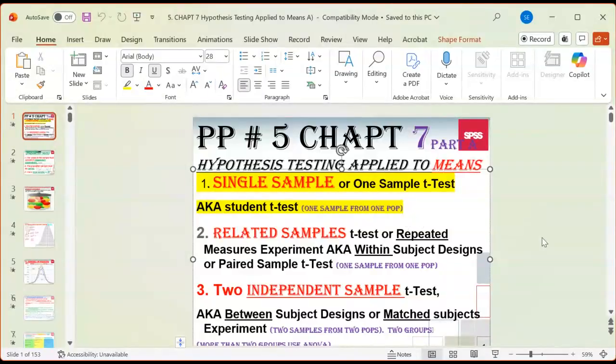Okay, here it is. PowerPoint number 5, chapter 7. It's about hypothesis testing applied to means.